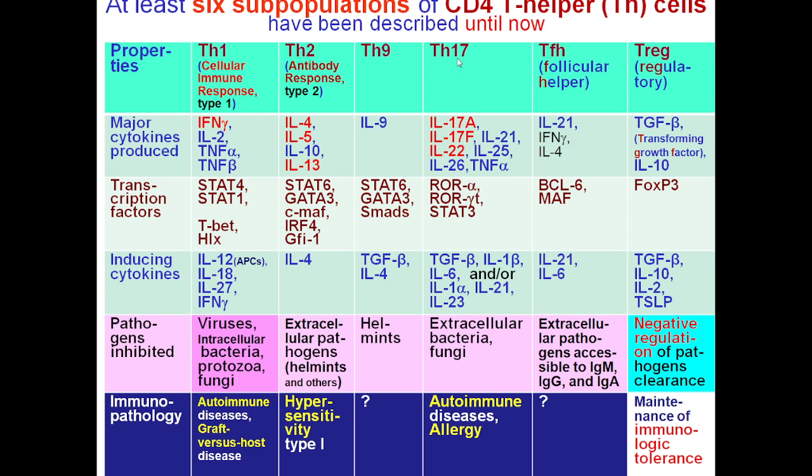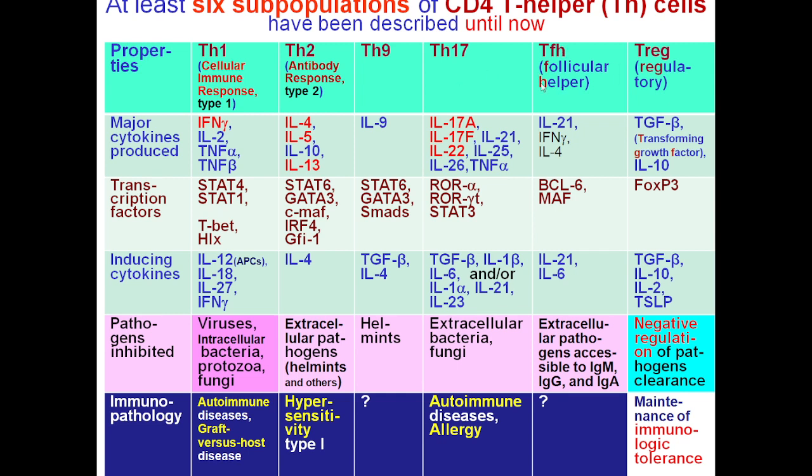The T helper 17 from one side stimulates antibody immune response, collaborating with helper type 2, and from the other side causes influx of neutrophils to the infected zone of the organism, causing neutrophil infiltration of tissues and damaging of the microbes and human tissues affected by these neutrophils.